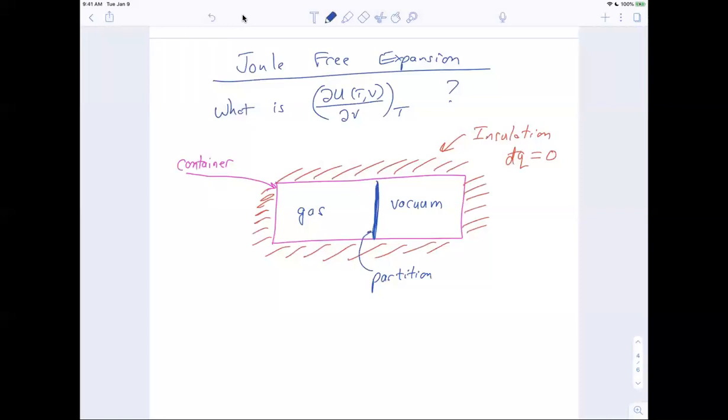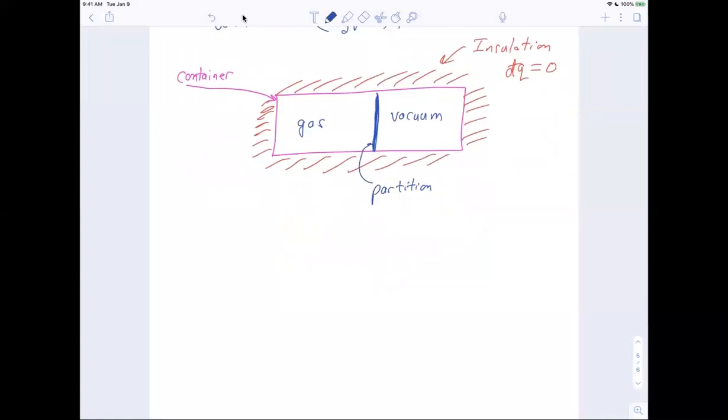In the experiment, what we're going to do is remove the partition. We can do this fast or slow; all we're going to do is remove the partition, and it's irrelevant how fast or slow we do it.